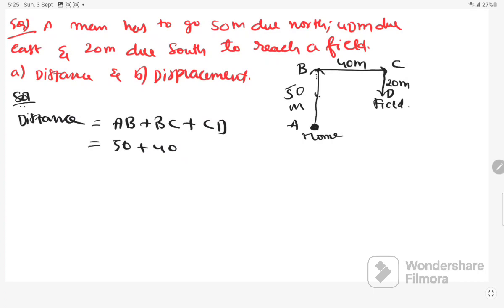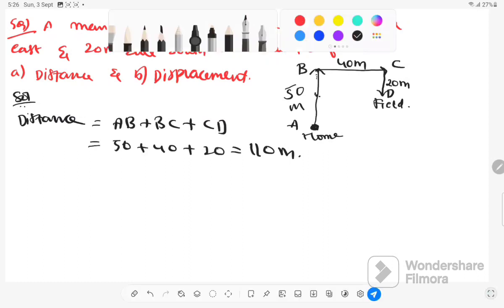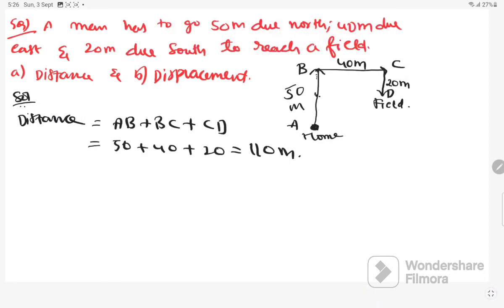That is 50 plus 40 plus 20, which is 110 meters. So the distance traveled by the man in this question is 110 meters. That's very straightforward, students. There's nothing to confuse in this. But displacement is not that straightforward in this question.